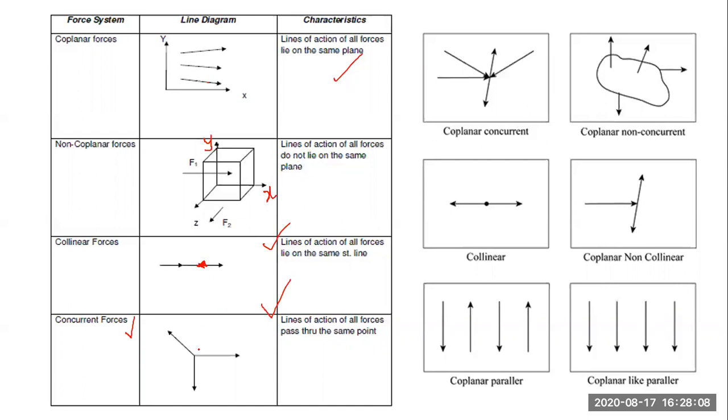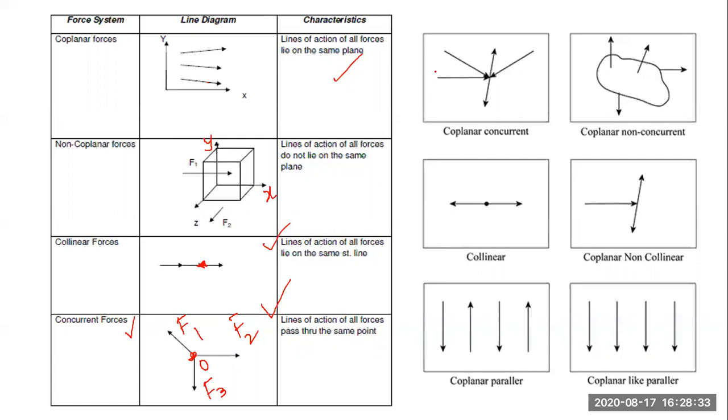Here you can see F1, F2, and F3, three forces in the figure. They are passing through the same point, say O. Now they may diverge from the point O, or they may converge at point O, whatever it may be, but these forces are concurrent, since all these forces are meeting at one point.